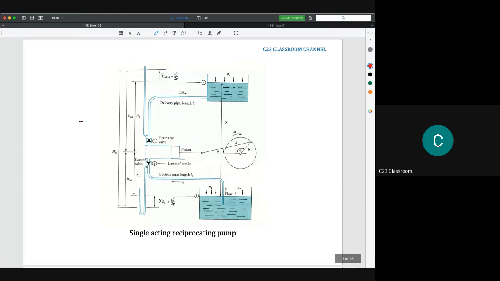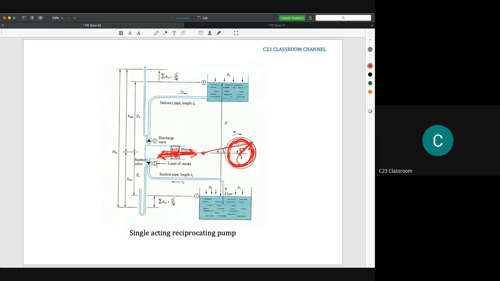This is the common diagram of a reciprocating pump. We have a piston here. The piston will be moved forward and backward, and normally this piston is connected with a crank, a crankshaft like this, which rotates continuously, and by this rotation the piston moves forward and backward.